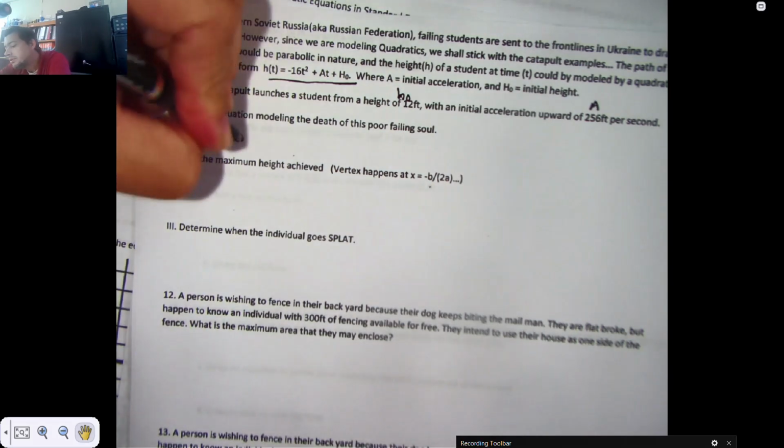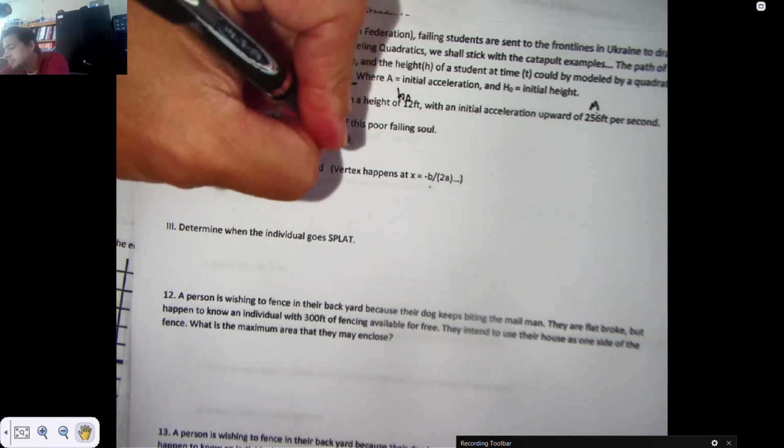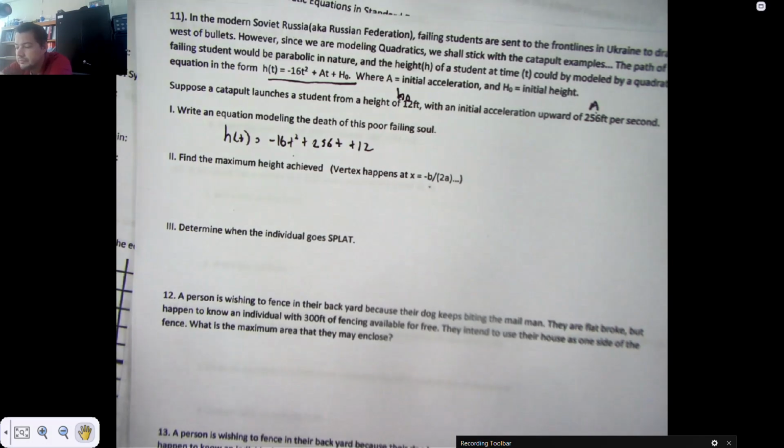So height as a function of time is negative 16t squared plus 256t plus 12. There's your equation. Find the maximum height. The maximum height happens at the vertex.